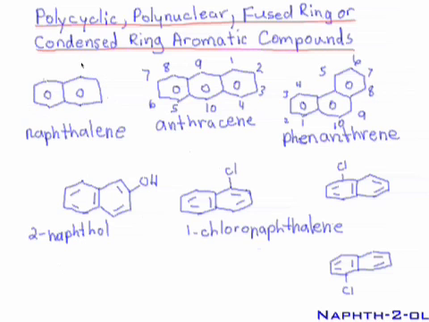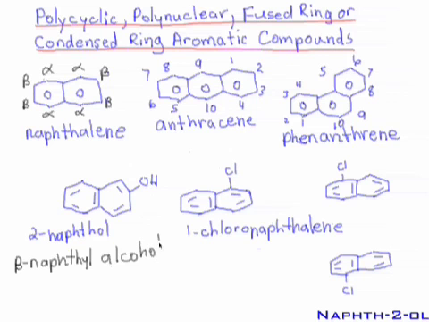Since there's symmetry and you can flip the molecule, a single substitution in this position, or this position, or this position, or this position leads to the same molecule, and so they're referred to as alpha positions. Substitution in this position, or this one, or this one, because you can flip the structure, produces the same thing, so it's referred to as beta. Here, the OH is in the beta position, so this is referred to as beta-naphthol, naming it as an alkyl. Beta-naphthol alcohol, two words, would be the common name.